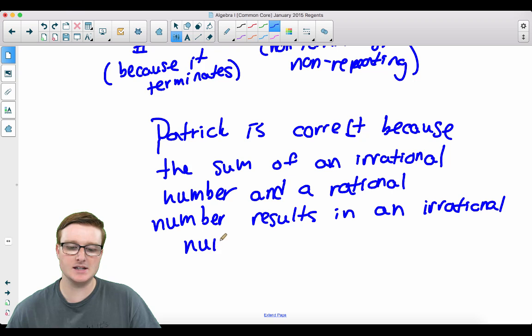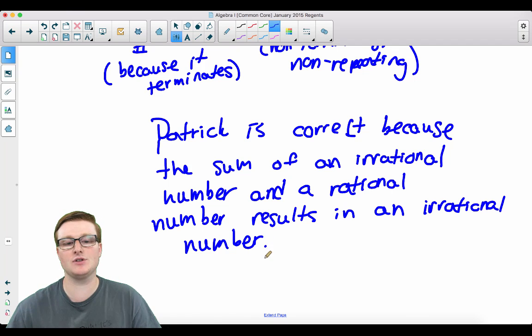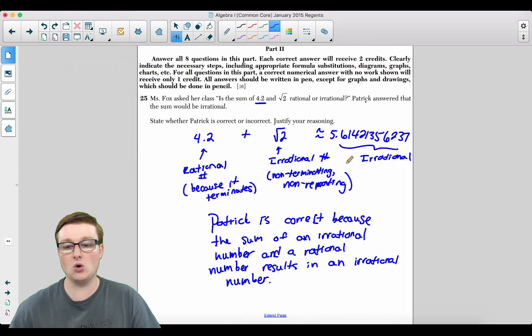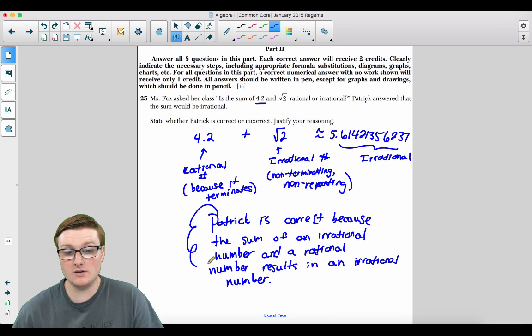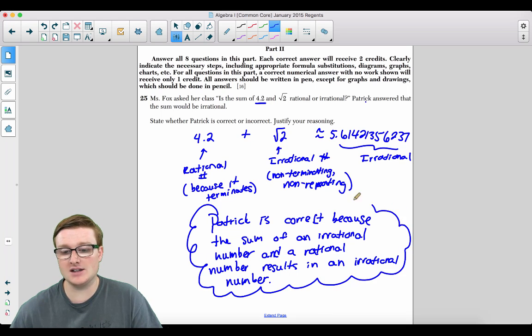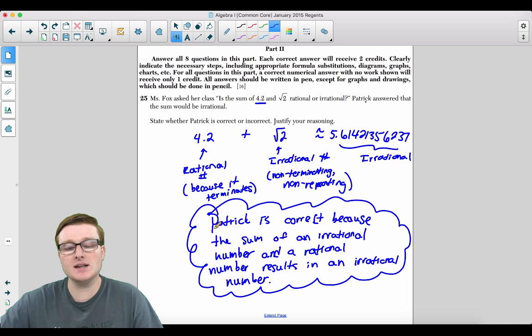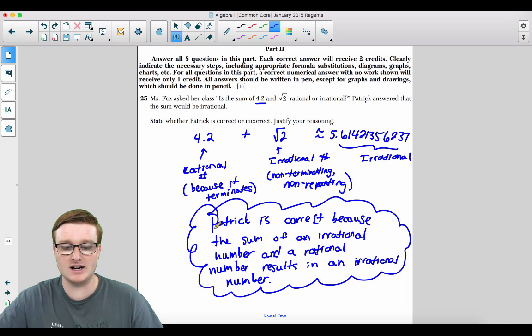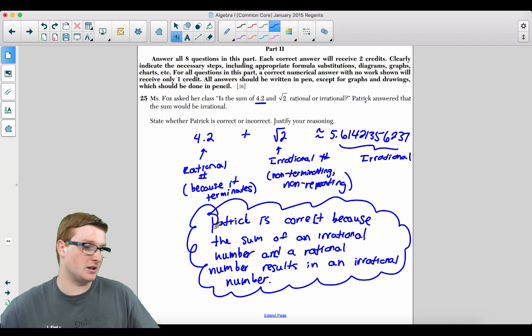Now, what's nice is it says justify your answer. We actually did that from the beginning, which is all this stuff up here. So that would actually be considered a justification. So this is just your answer explanation. So Patrick is correct because the sum of an irrational number and a rational number results in an irrational number.